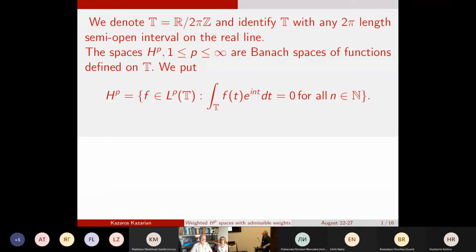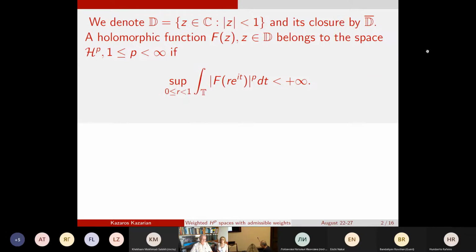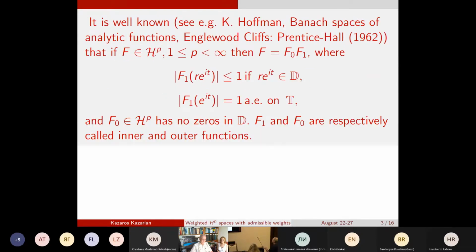It's well known that any function from H^p, now I am distinguishing H^p on the unit ball and H^p on the boundary, if a function belongs to H^p on the unit ball, it can be factorized in the following way.